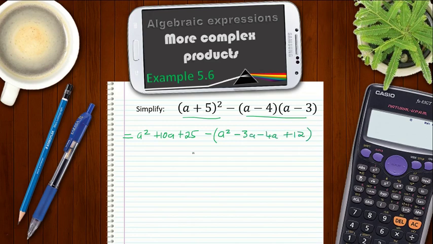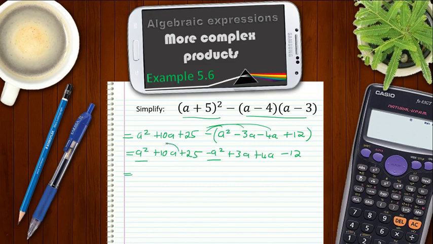Okay, so now the first thing I need to do before I can do anything else is to multiply in the negative in order to get rid of the brackets. So a squared plus 10a plus 25. So minus a squared plus 3a plus 4a minus 12. So signs just change when I multiply in the negative. Okay, so like terms, we've got this one and this one.